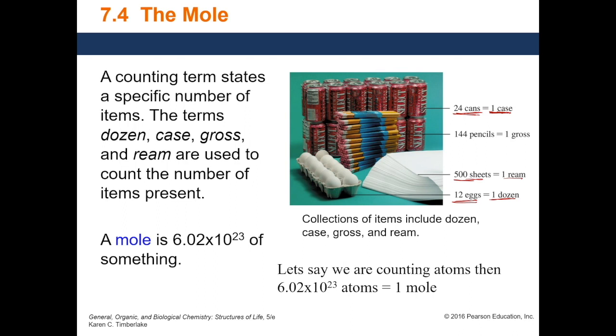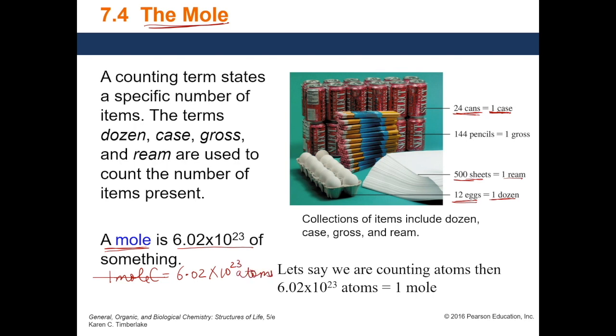A similar quantity that is used in chemistry is called a mole. 1 mole in chemistry is equal to 6.02 times 10 raised to power 23, which means if I say we have 1 mole of carbon, I'm saying 1 mole of carbon is 6.02 times 10 raised to power 23 atoms of carbon.